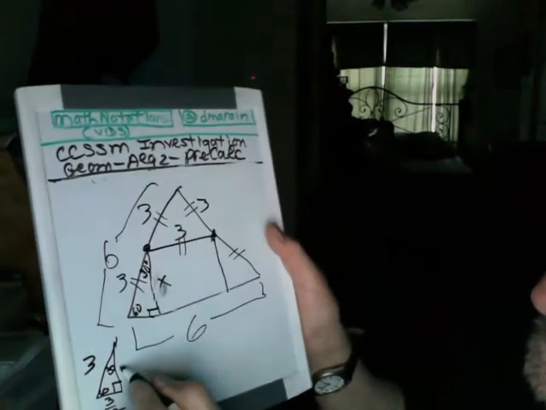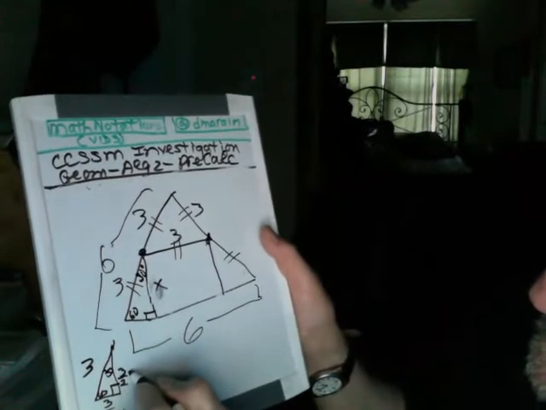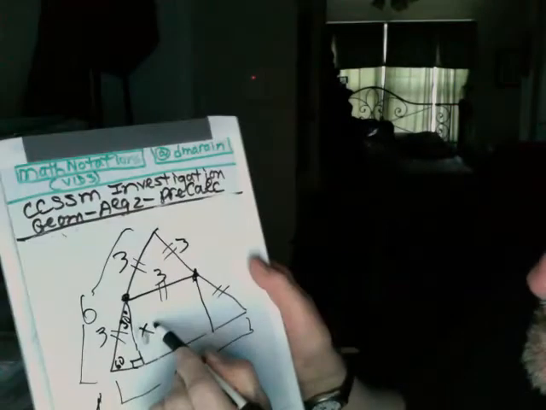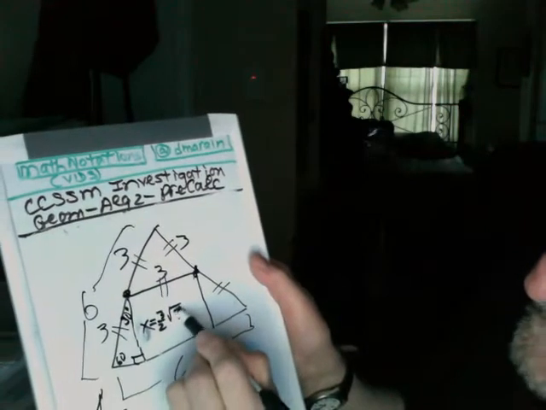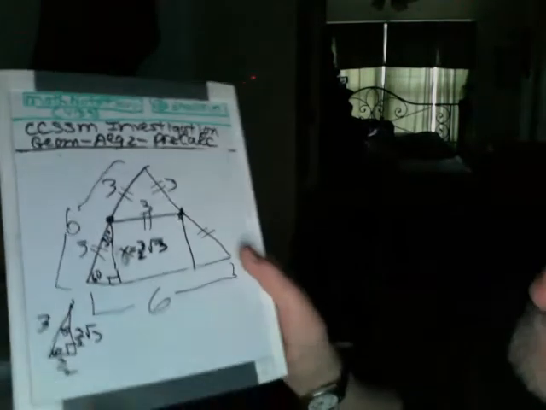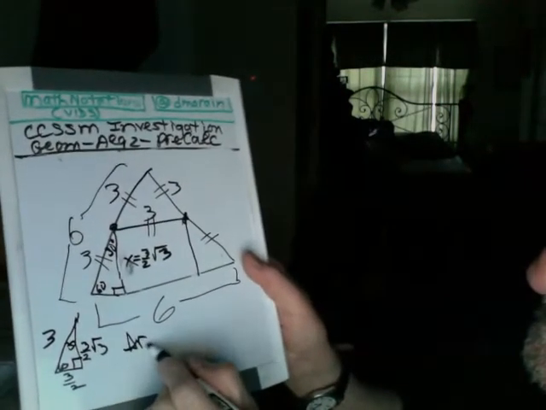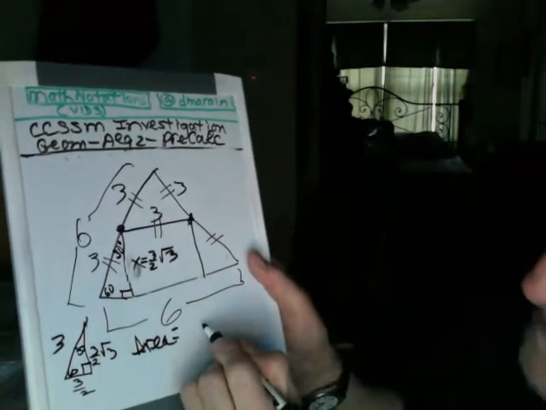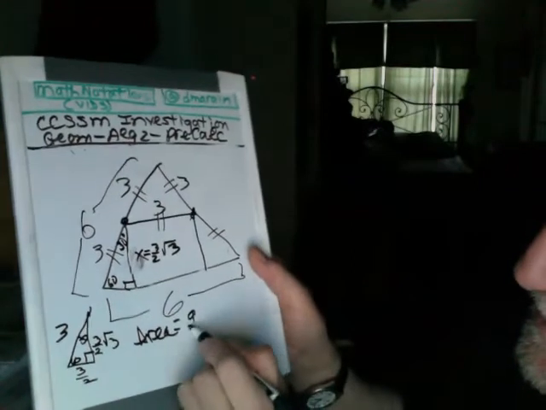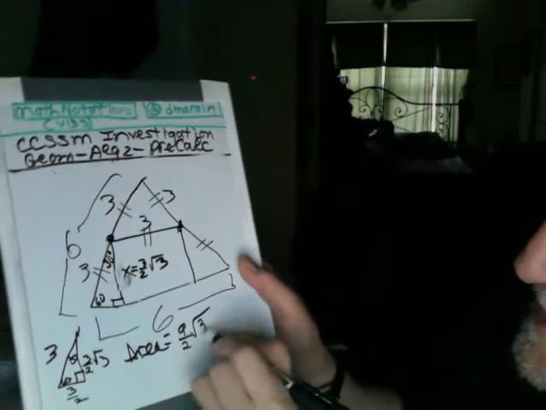And the side opposite the 60, the longer leg, is 3 over 2 radical 3. So the area is base times height, so it would be 9 over 2 radical 3.